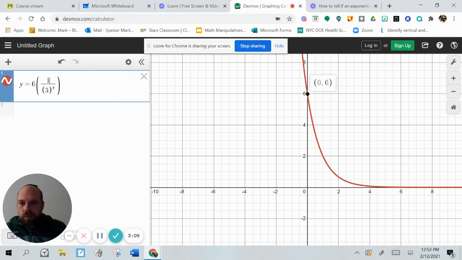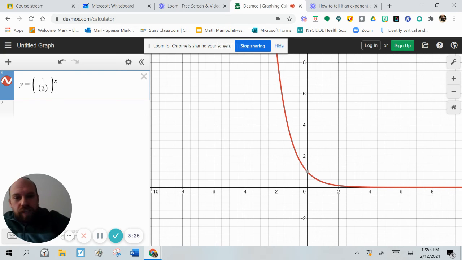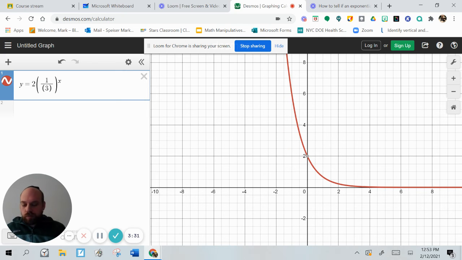And without the 6, just 1/3 to the x, remove that 6, and so it goes down to 1. And I have a number I put in front that changes the y-intercept: 2, 4, and 6.